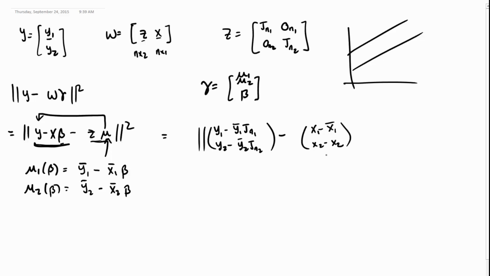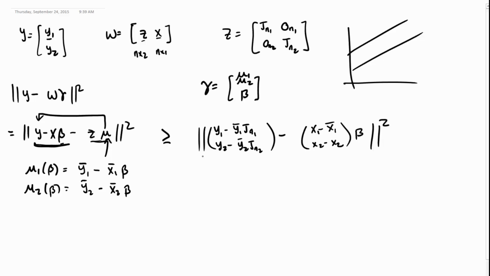I didn't define x1 and x2, but those are just the group components of x. The x1 is the first n1 measurements of x, and x2 is the latter n2 measurements of x. And I shouldn't say equal, it has to be greater than or equal to, because we've plugged in the optimal estimates for mu1 and mu2 for a fixed beta.